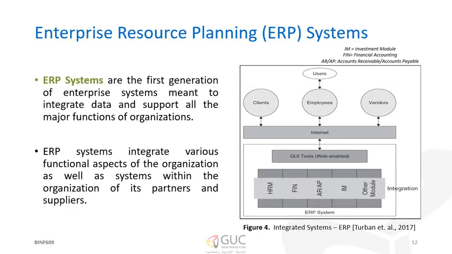ERP systems are comprehensive software applications that support critical organizational functions. ERP is usually referred to as a category of business management software that organizations can use to collect, store, manage, and interpret data from many business activities.